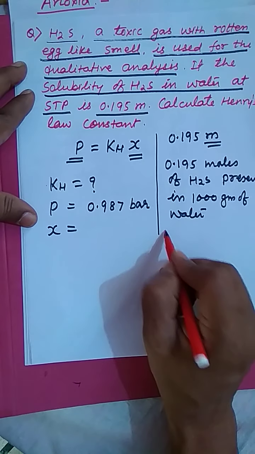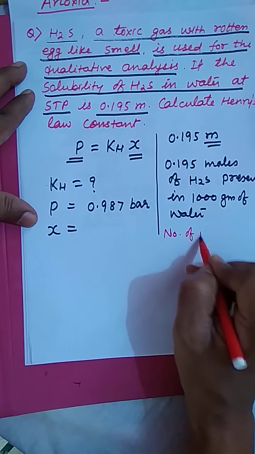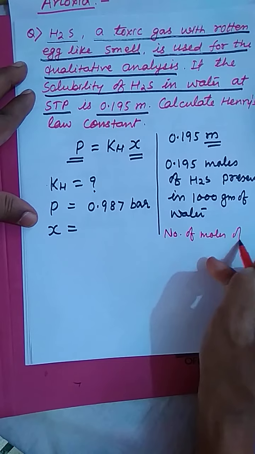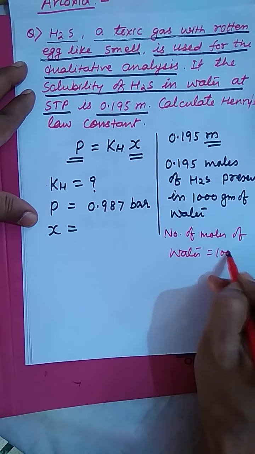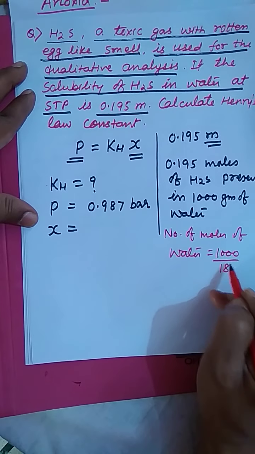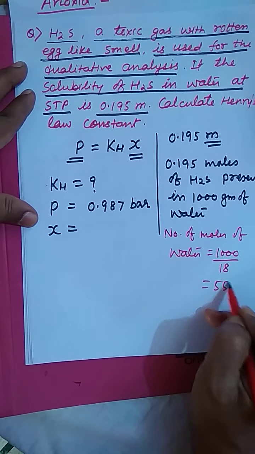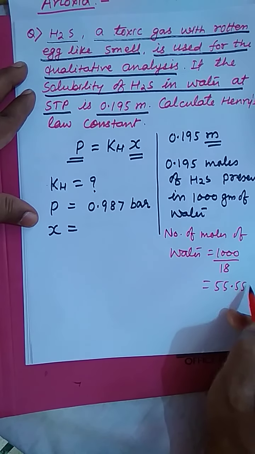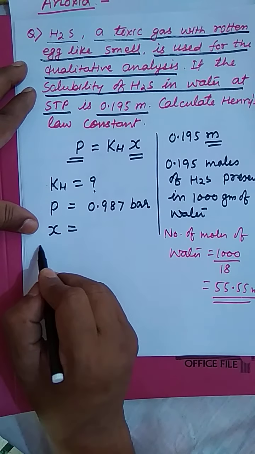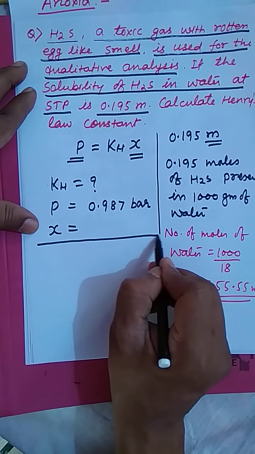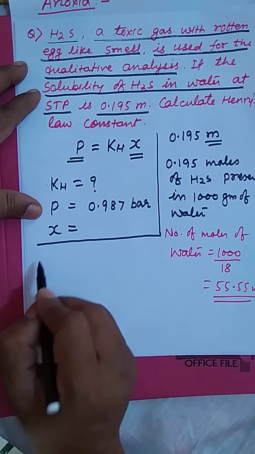So number of moles of water is equal to 1000 upon 18, and that is 55.55 mole. You should remember it. 1 kg of water contains 55.5 mole of water.